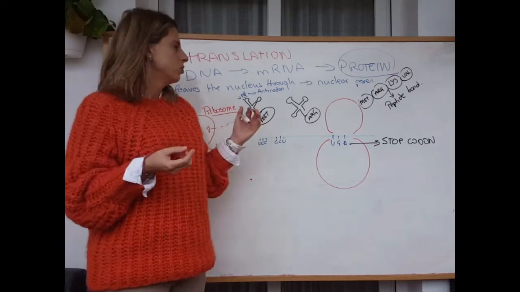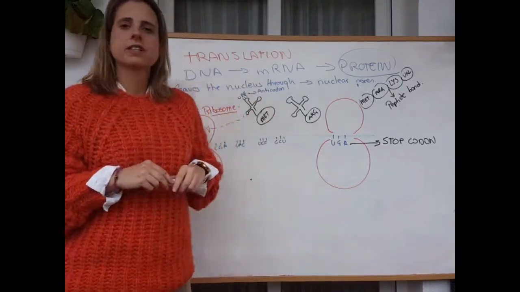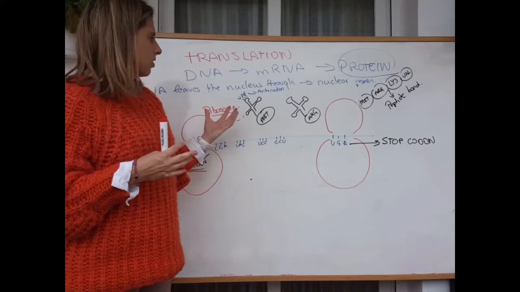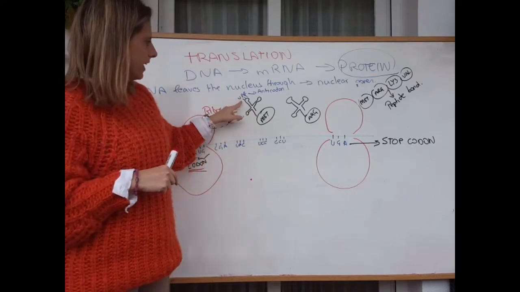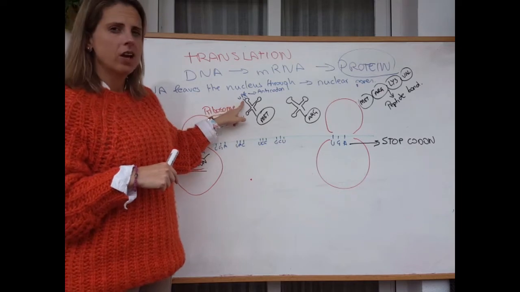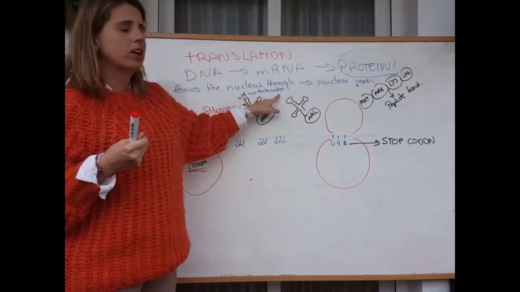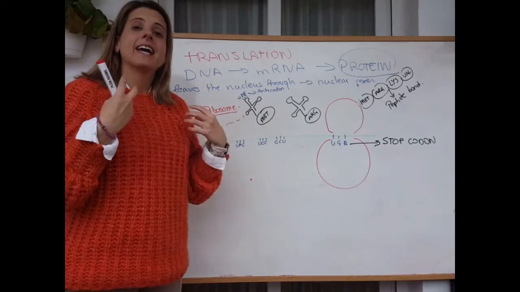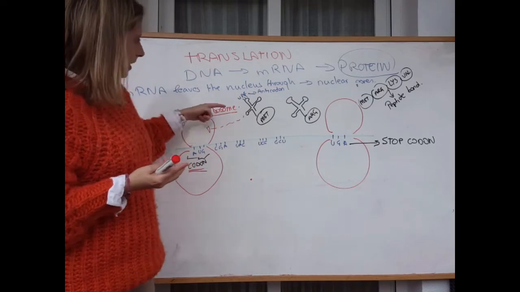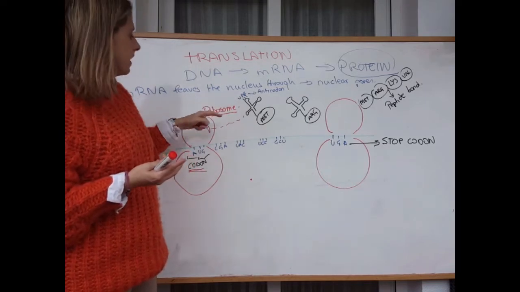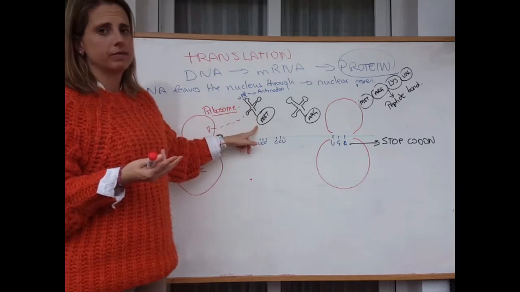But how does this transfer RNA, and not this one, for example, know that it has to be this one? Because in the transfer RNA, you have a place with 3 nitrogenous bases that is called anticodon. And again, due to complementary bases, ¿vale? Las bases complementarias, we know that we have to leave methionine.